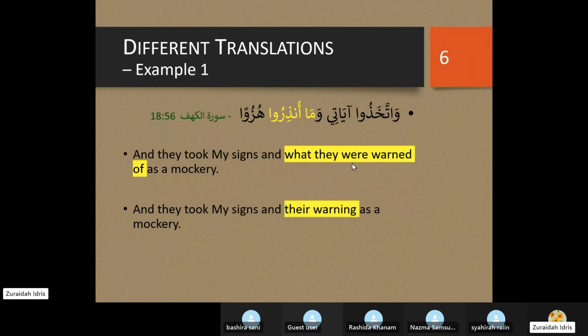We didn't say they warned somebody. We would have said what they warned of. But no, we said what they were warned.